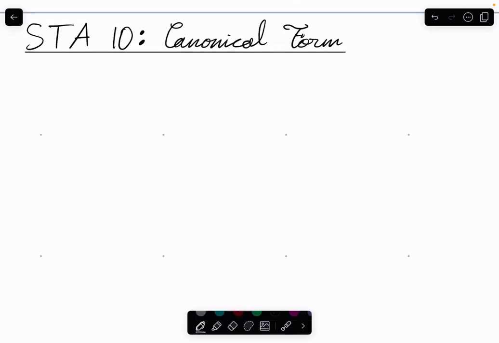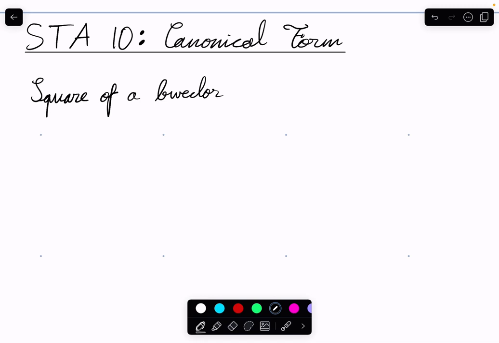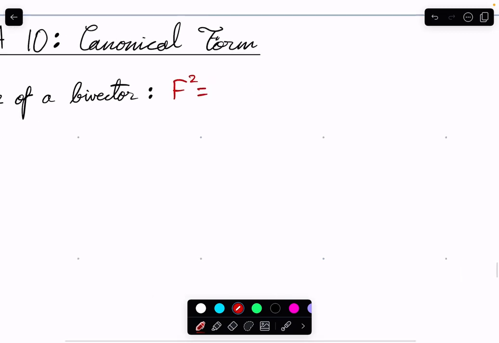In this video, we'll be going over the canonical form of the bivector in the spacetime algebra. So first, let's recall the square of a bivector. F squared is just equal to the magnitude of F squared, and then e to the 2 phi I, where this right here comes from the phase.